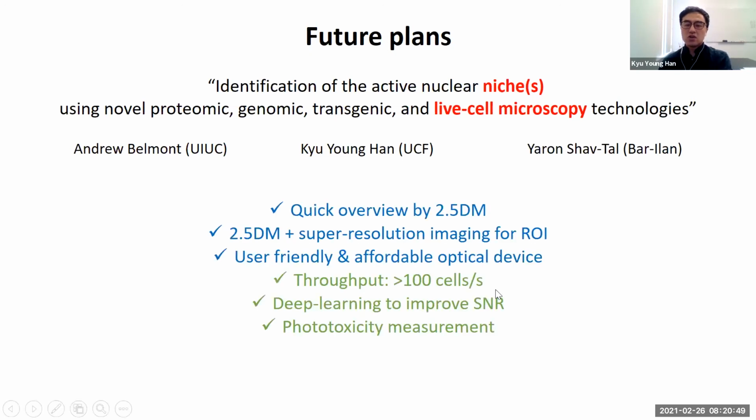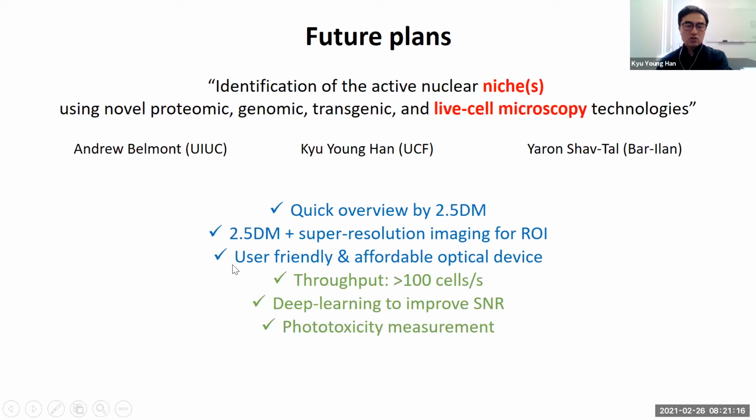For example, we can use 2.5D as a quick overview of the live cell imaging, simply scanning many different areas with low light dose. Whenever we find a very interesting area, we can switch to conventional 3D z-stack imaging, then monitor a certain event.